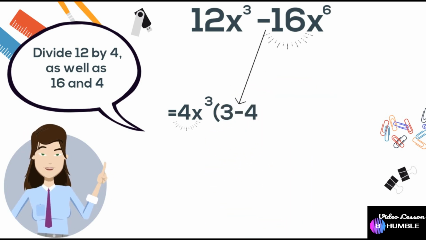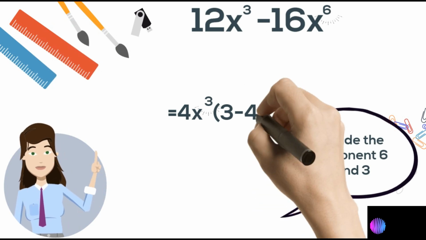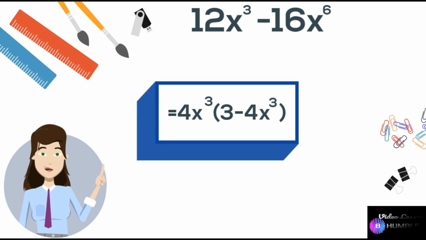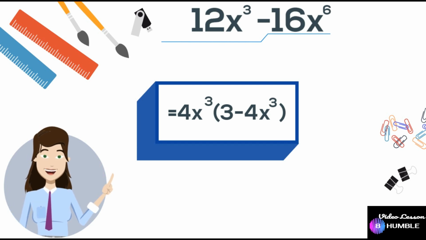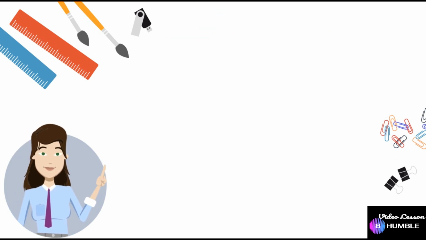So the answer for these two is 3 and 4. Then lastly, divide the exponents 6 and 3, and that will be x cubed. Hence, the answer for 12x cubed minus 16x raised to the power of 6 is 4x cubed times 3 minus 4x cubed.